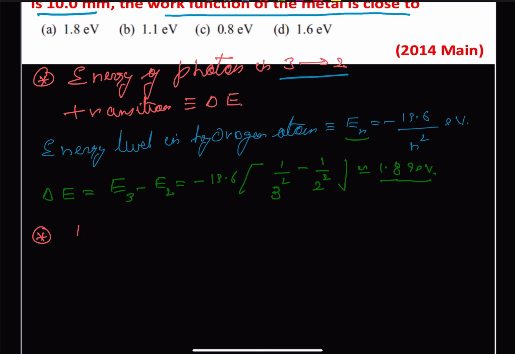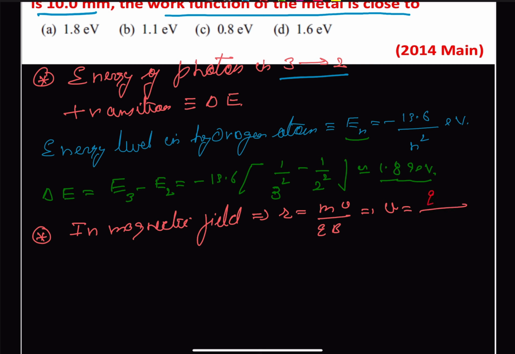Therefore, in the magnetic field we have radius r equal to mv upon qB. So here velocity v will be equal to qBr upon m.